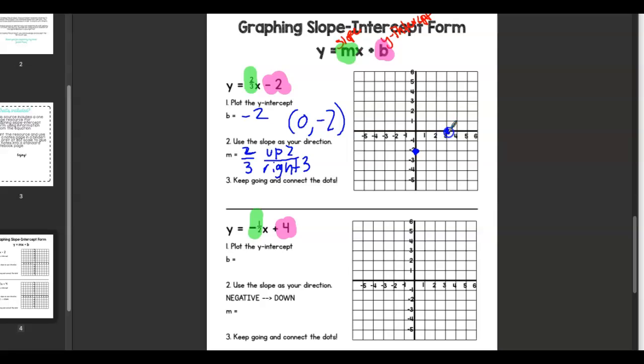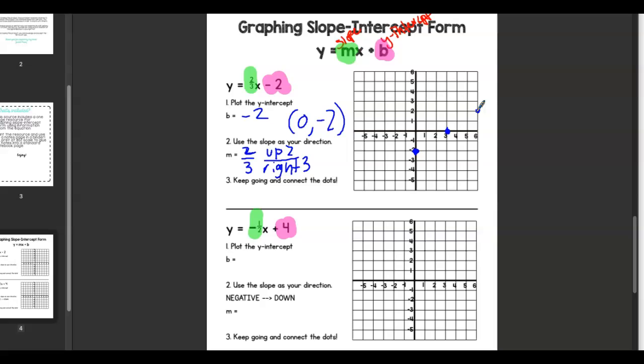Put a point. From that point, I do the same thing. I rise 2, 1, 2, run 3, 1, 2, 3. So you should have a point at 0, -2, 3, 0, and 6, 2. Because from 3, 0, I rose 2, ran 3. So you just keep doing it.